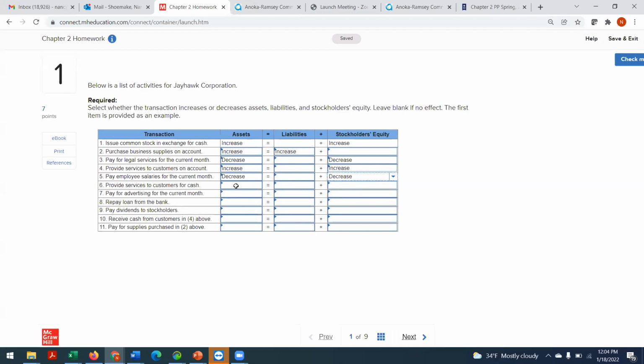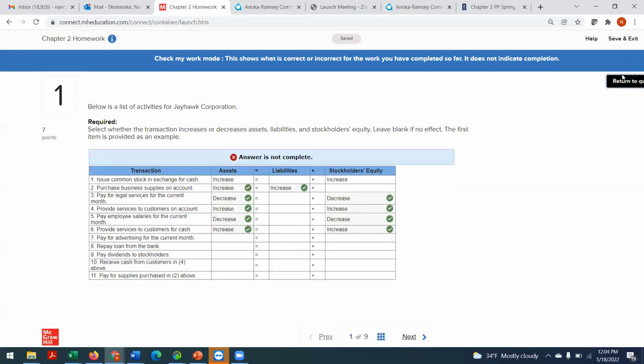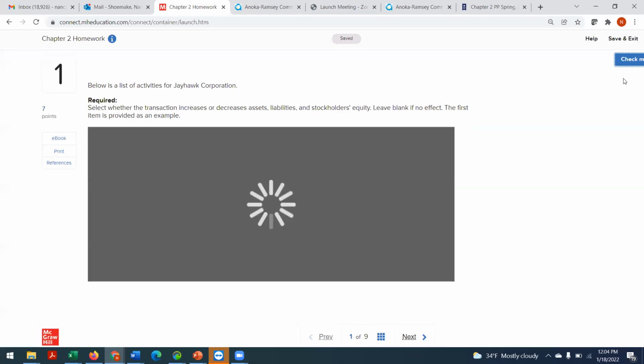When we provide services to customers for cash, our cash increases and our service revenue increases, which increases our stockholders' equity. You can continue to check your work just to make sure everything is in line.